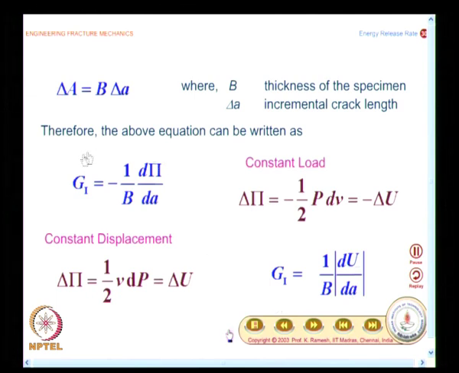Either you can look at it in terms of potential energy, or you can also look at in terms of the strain energy. By looking at the second expression, people also called it as strain energy release rate, but that is not a generic definition.